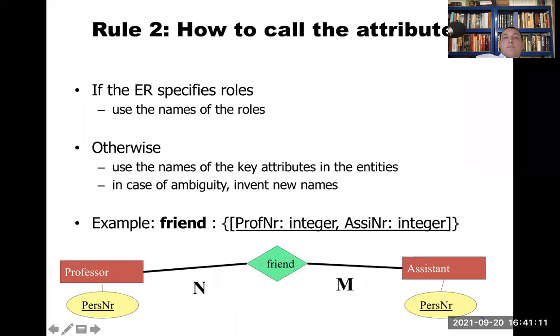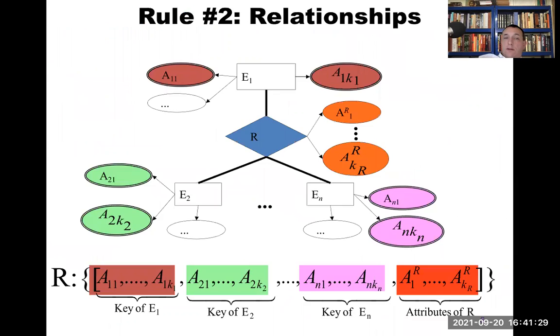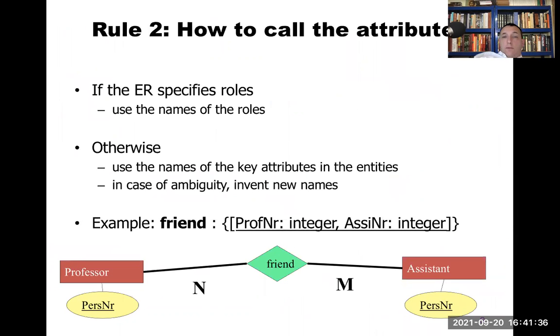So, a small question: how to call the attributes in relationships. If we have a relationship with specified roles like prerequisite and follow-up, let's call them using these terms. So requires: prerequisite and follow-up. If not, we can use just the key attribute names. And in case of ambiguity, we need to add prefixes or something.